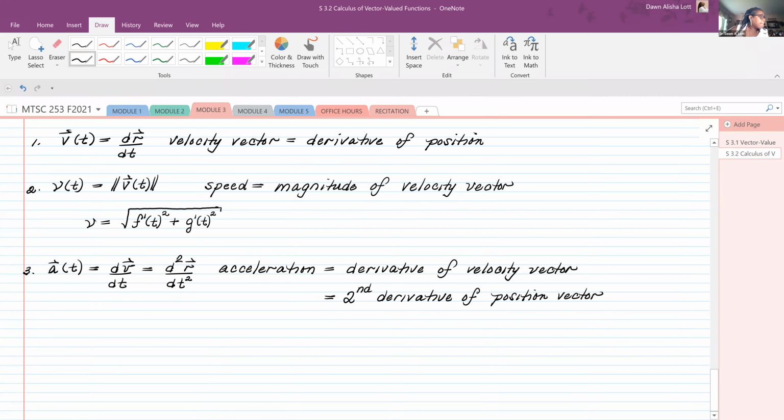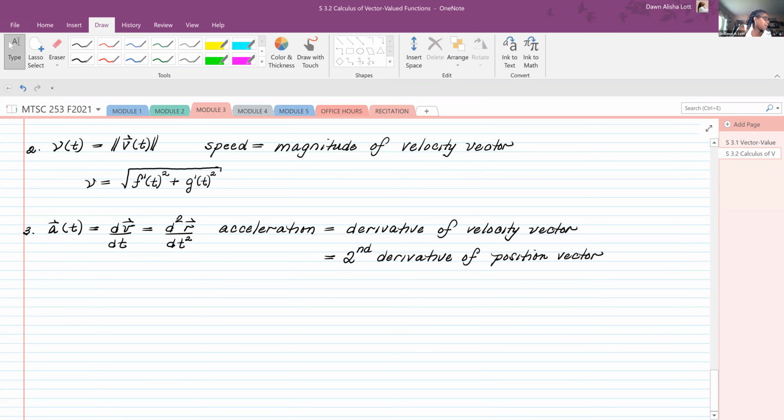Okay. And then number 4, the vector v over the length of v. This is the direction of motion.